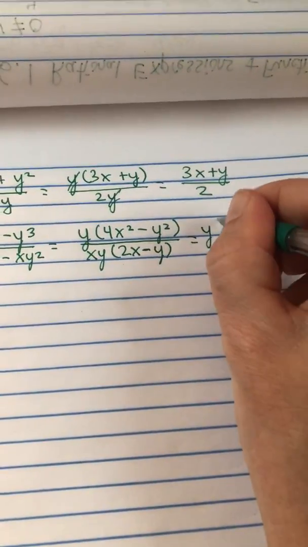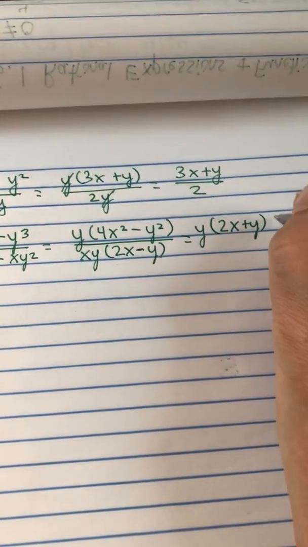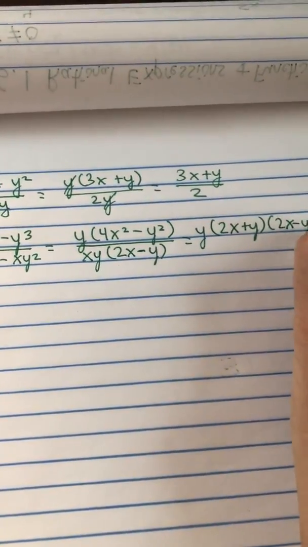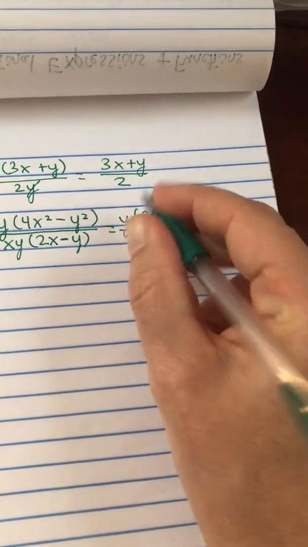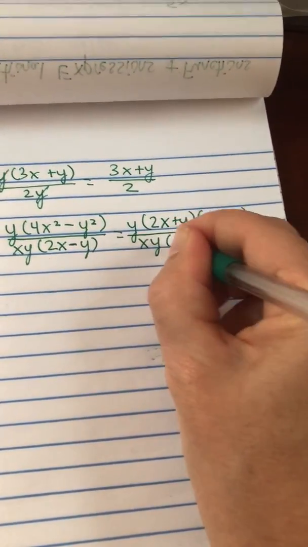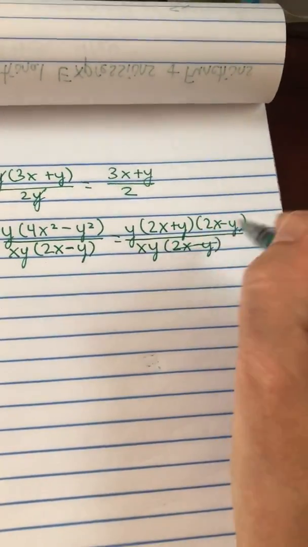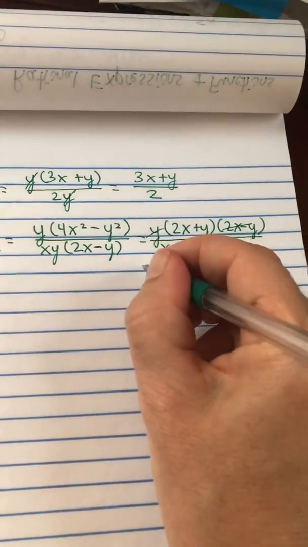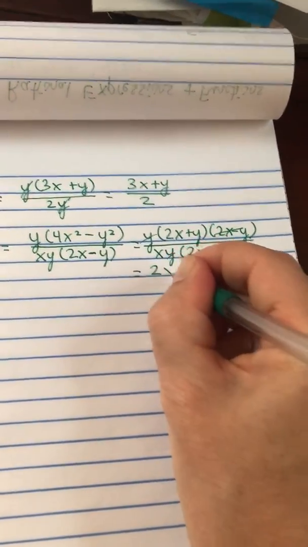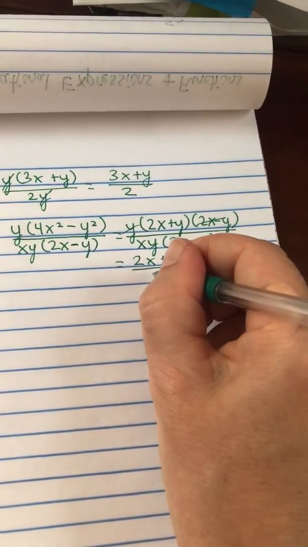So you get y, 2x plus y, times 2x minus y, the difference of two squares, over xy times 2x minus y. So we're going to cross out 2x minus y, 2x minus y, a y and a y, and you'll be left with 2x plus y over x.